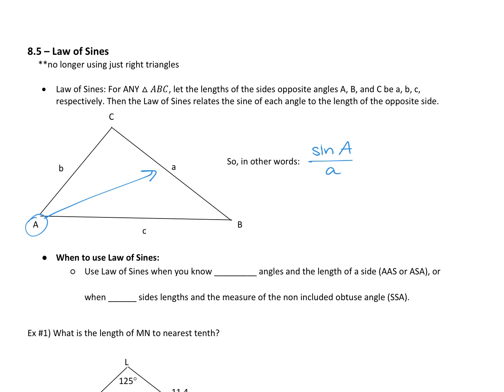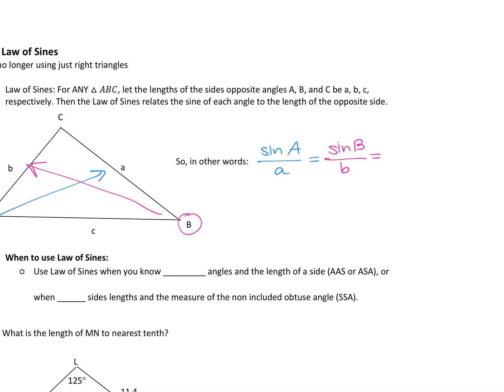The sine of A over a will equal the sine of B over what? b, the side across from it, which will also equal the sine of C over the side across from it. Okay, so there's this extended proportion here.